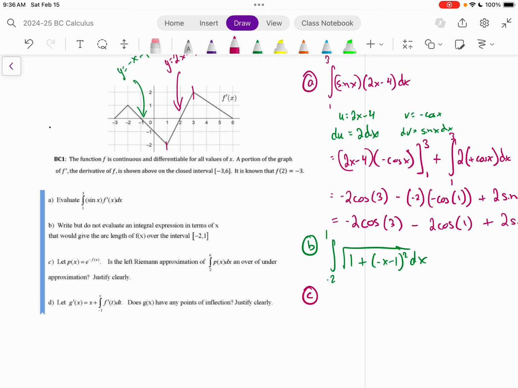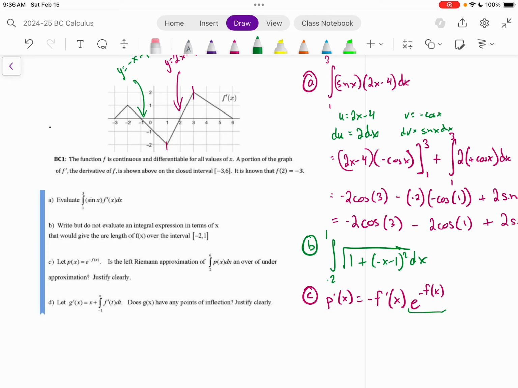So we need to decide whether this thing is increasing or decreasing, which means we've got to take a derivative. So p prime is going to be what? The derivative of that thing up there, which is negative f prime of x times e to the negative f of x. Well, let's think about this.